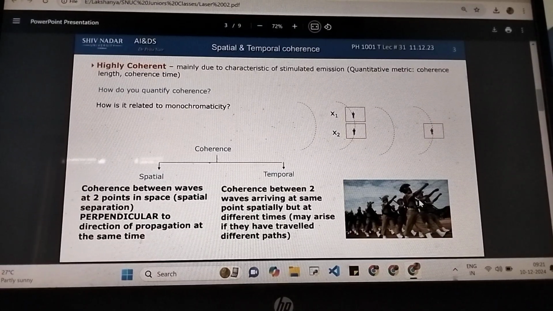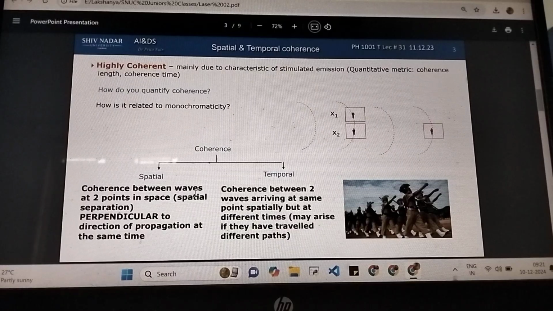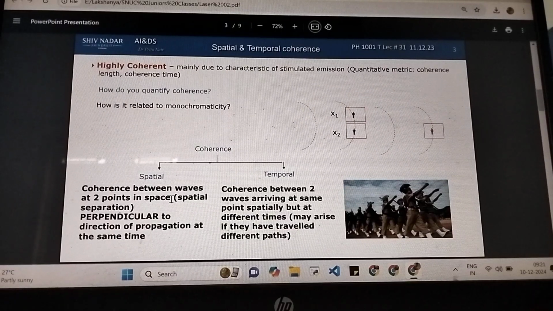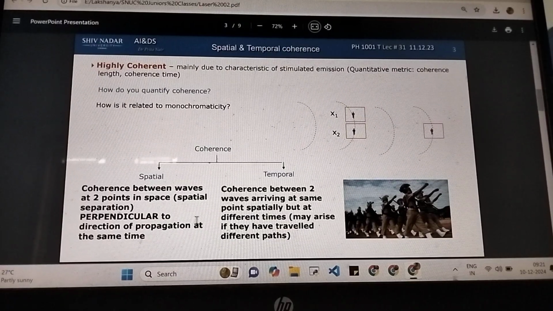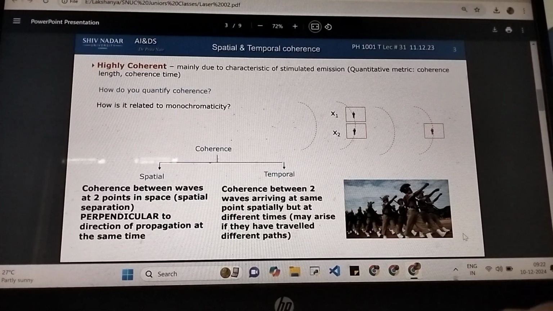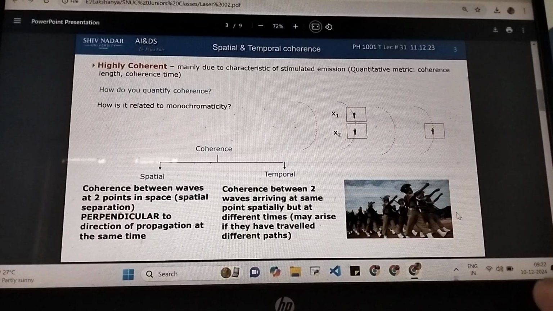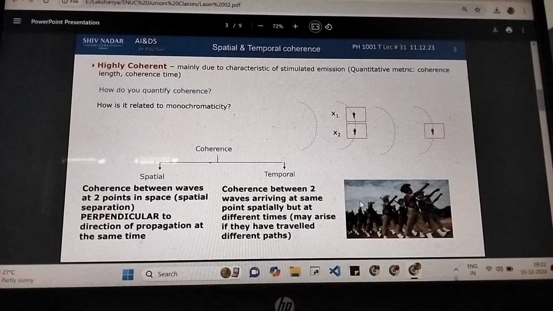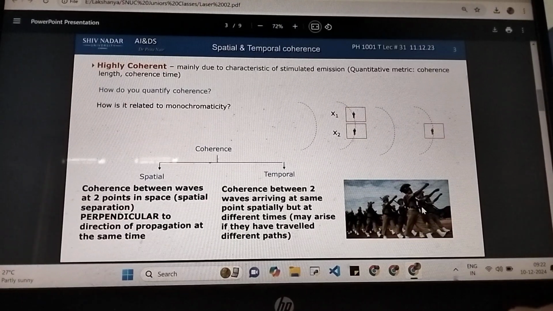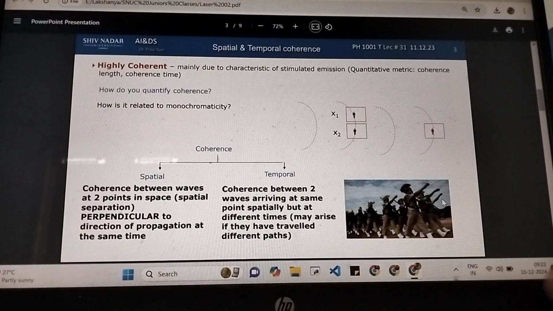So spatial coherence is coherence between waves at 2 points in space perpendicular to the direction of propagation at the same time. Let's say the direction of propagation is this way, as in they are moving from the back to the front in the picture. Perpendicular to that would be the row.